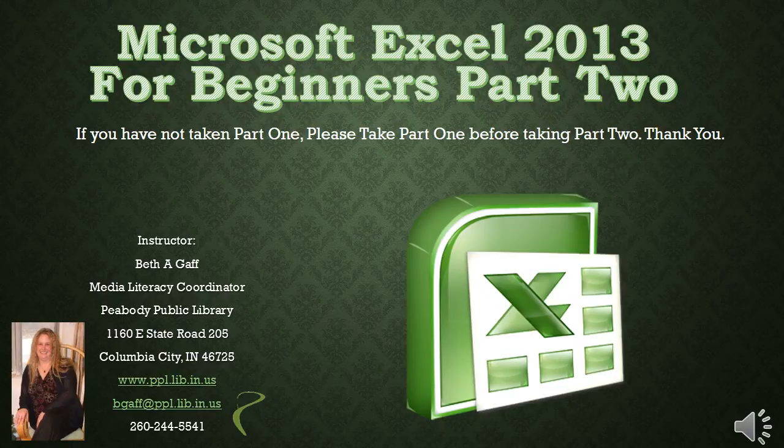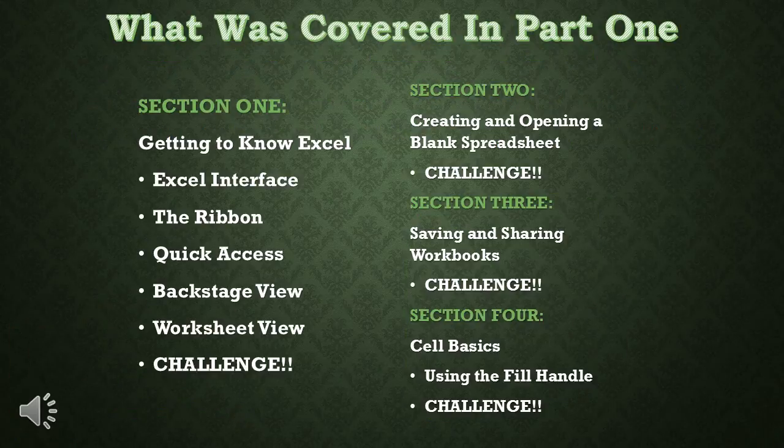So without further ado, I want to welcome you to Microsoft Excel 2013 for Beginners, and this is the part 2 section. Just a little bit of a refresher if you have not seen part 1. This is what's covered in part 1. We go over getting to know Excel, the interface, the ribbon, the quick access, the backstage view, and the worksheet view. We also talk about creating and opening blank spreadsheets, as well as saving and sharing workbooks, and we move on to cell basics. So if you haven't done this, then please go back and do it.